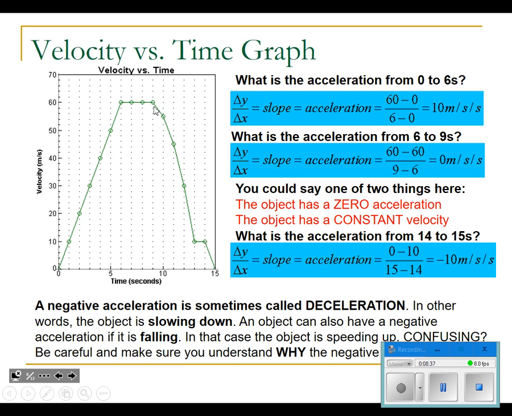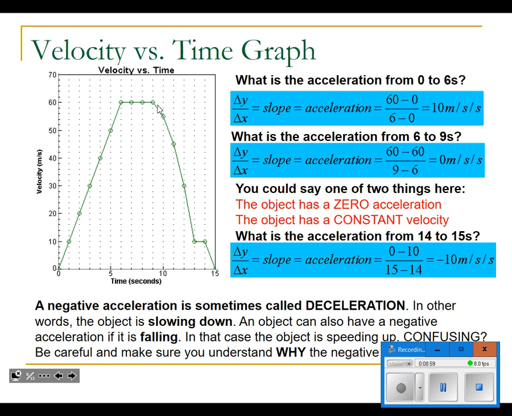Remember on the other graph, a horizontally flat line for displacement versus time meant we were sitting still, but a horizontally flat line here means that we're actually going on cruise control. So we're going to have to start thinking about making sure we pay attention to which graph we're talking about and which axis.